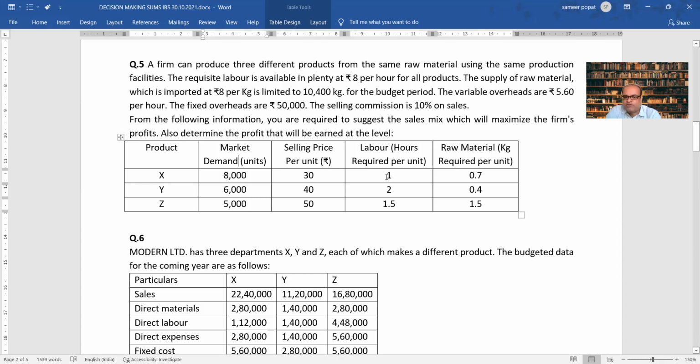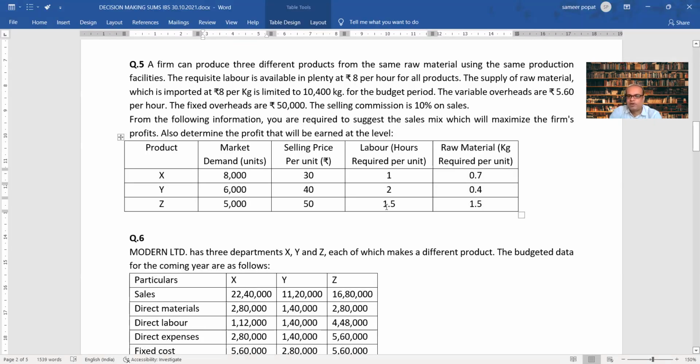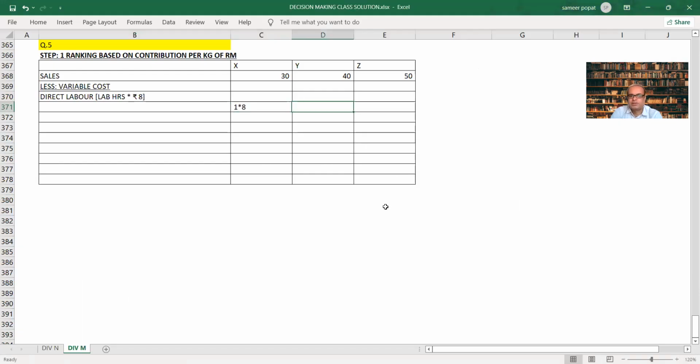So for X, we require 1 hour, and the per hour rate is 8. In total, we require 1 into 8 rupees of wages to manufacture 1 unit of X. So labor hours multiplied by rupees 8 per hour will give the labor cost. So 1, 2, and 1.5 into 8 rupees: 8, 16, and 12.